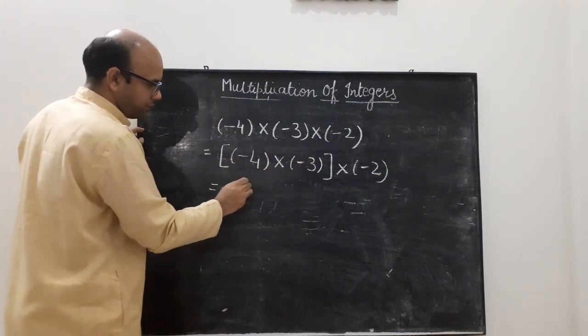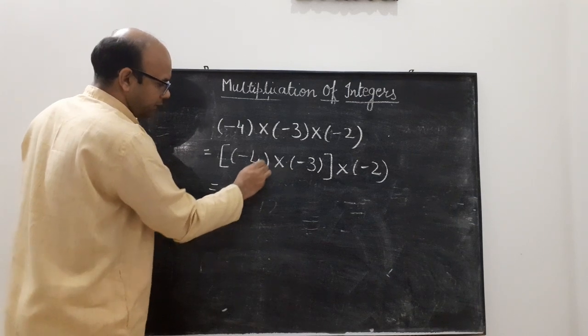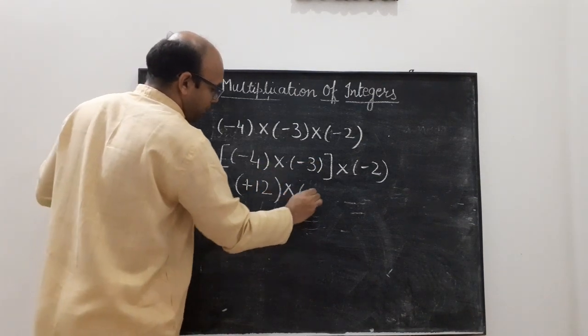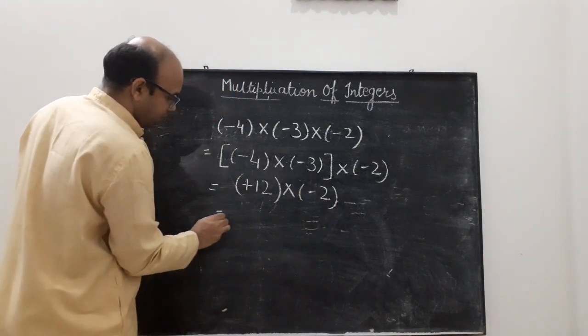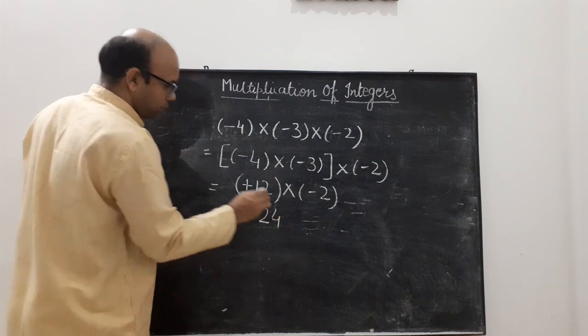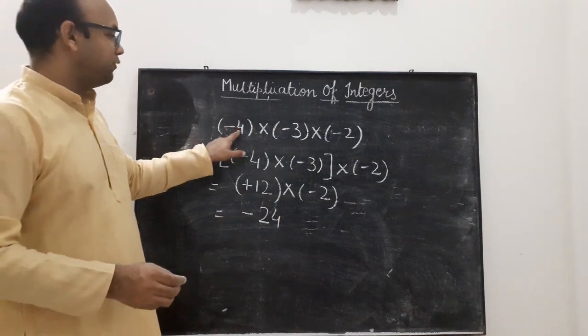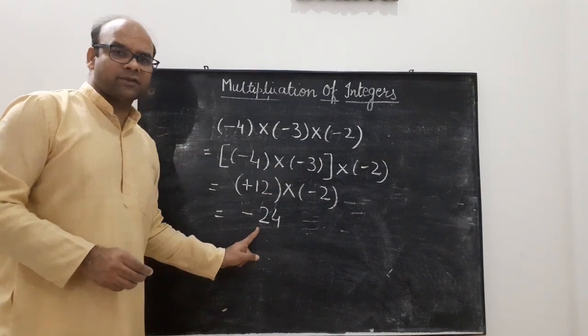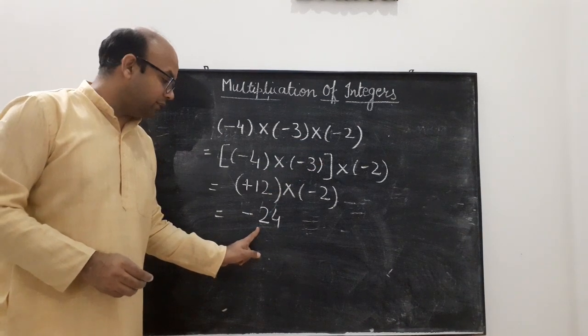Minus 4 into minus 3, we take the positive sign. 4 cross 3 is 12. Multiplied by minus 2, and this is a negative sign. 12 cross 2 is 24. So what we are seeing is, if we are multiplying three negative integers, the outcome is coming out to be a negative integer.